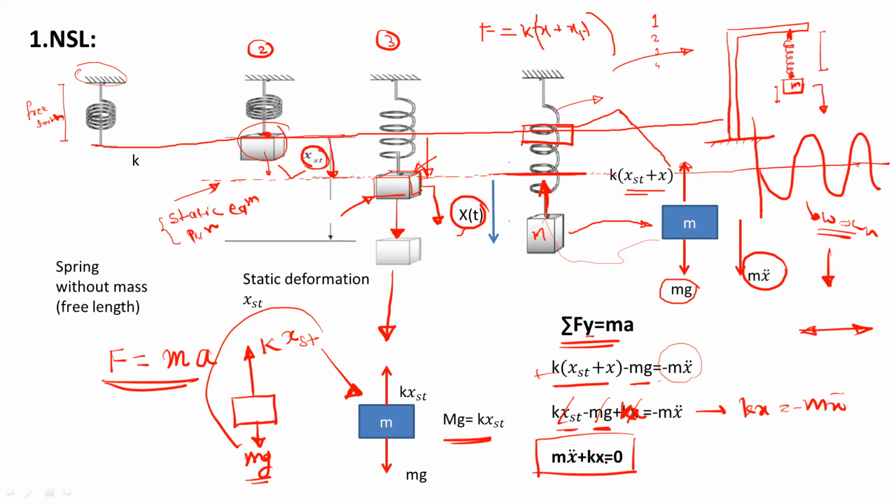Now basically this equation is a differential equation. So what is a differential equation? I have already explained. X double dot means acceleration. So we will write this as a second order differential equation, m d2x upon dt square plus k x is equal to 0.